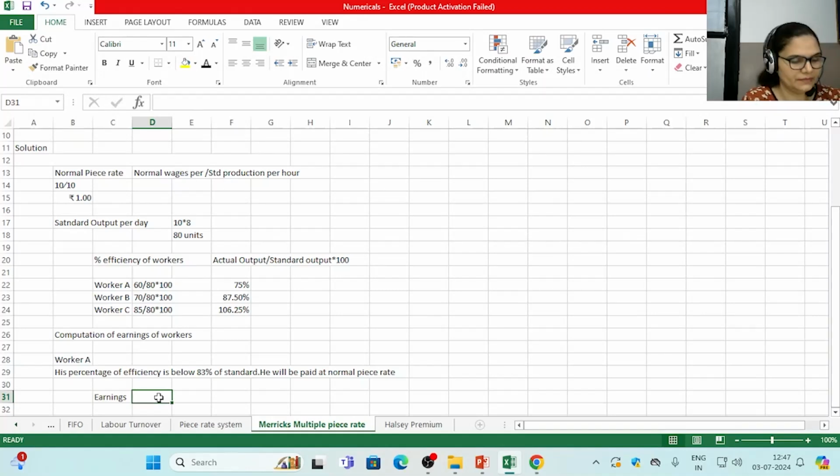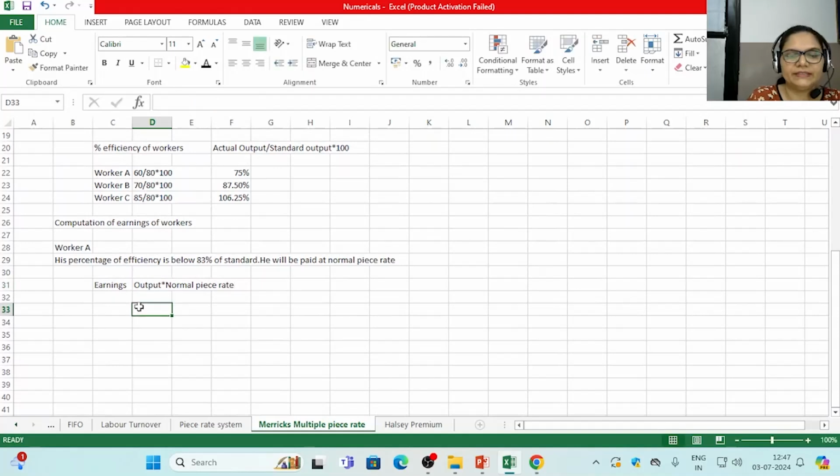Output is 60, and his normal piece rate is rupees 1. So he will get only 60 rupees.